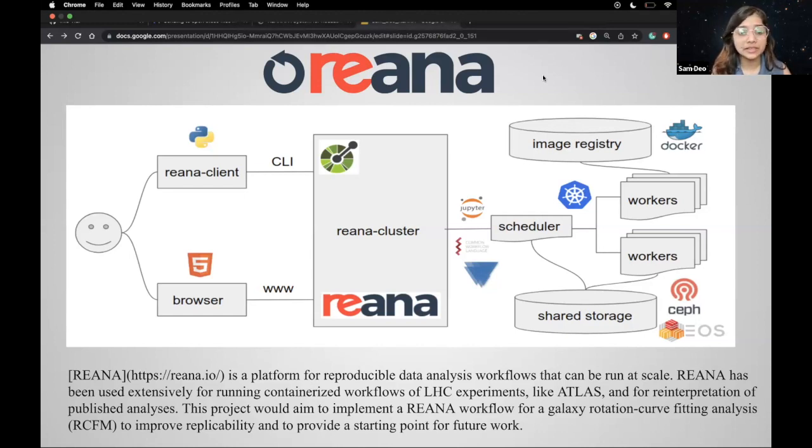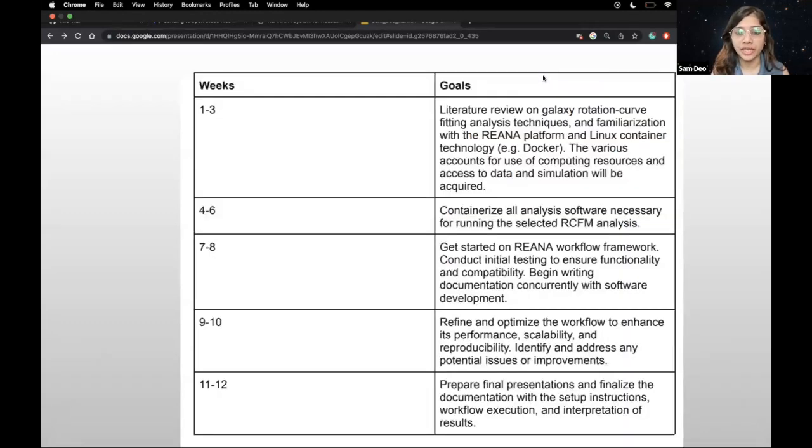It has been extensively used for running containerized workflows for LHC experiments like ATLAS, and for reinterpretation of published analyses. Our project aims to implement a REANA workflow for galaxy rotation curve fitting analysis to improve replicability and provide a starting point for future work.